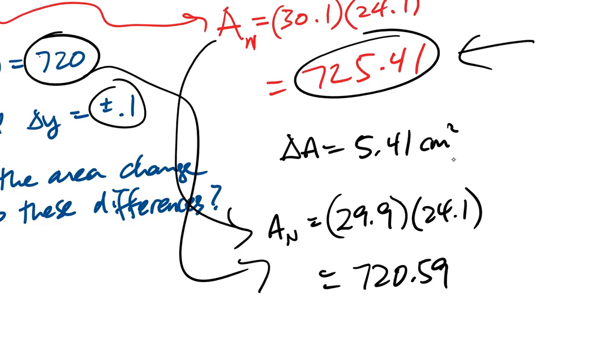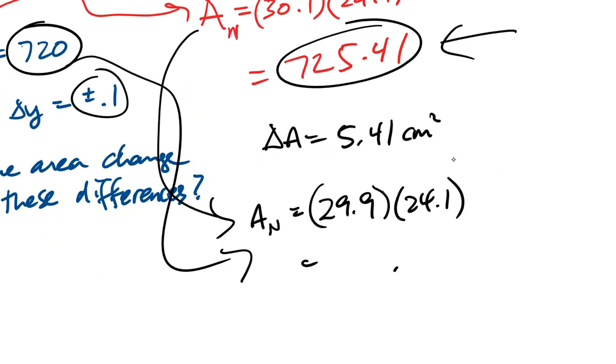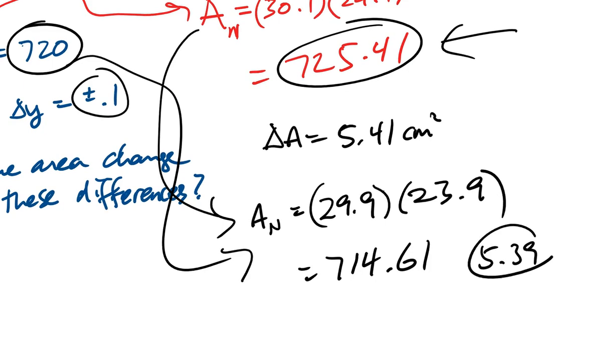But the most they can change is 725.41. And you'd get the same answer if you went the other way. If you did 29.9 times 23.9, you'd get 714.61, which is a difference from 720 of 5.39. All right, so very similar.